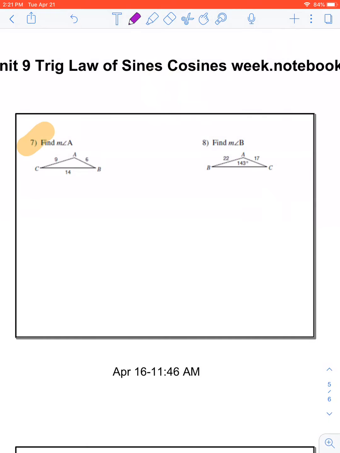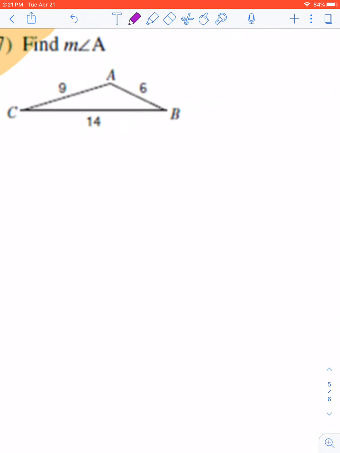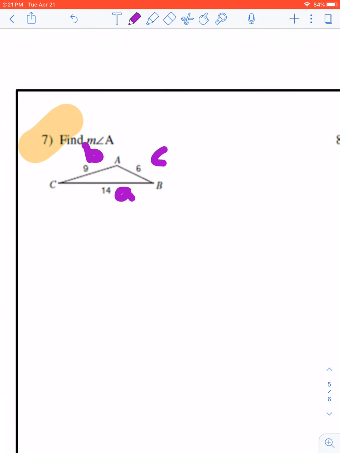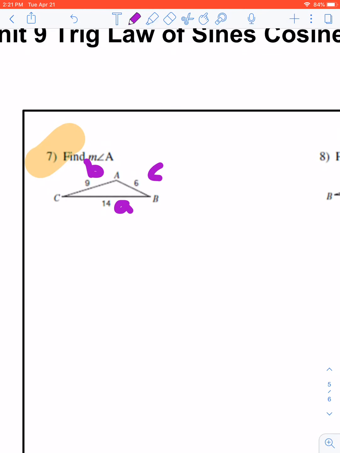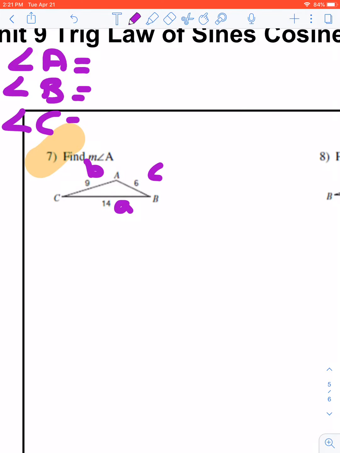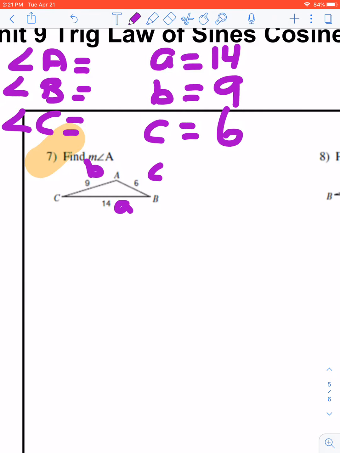Let's make this a little bigger and label our sides: here's angle A, so this is side a, side b, and side c. You're given a, b, and c, one of each, so you can't use law of sines, you must use law of cosines. We want to find angle A, angle B, and angle C. We know little a is 14, little b is 9, and little c is 6.